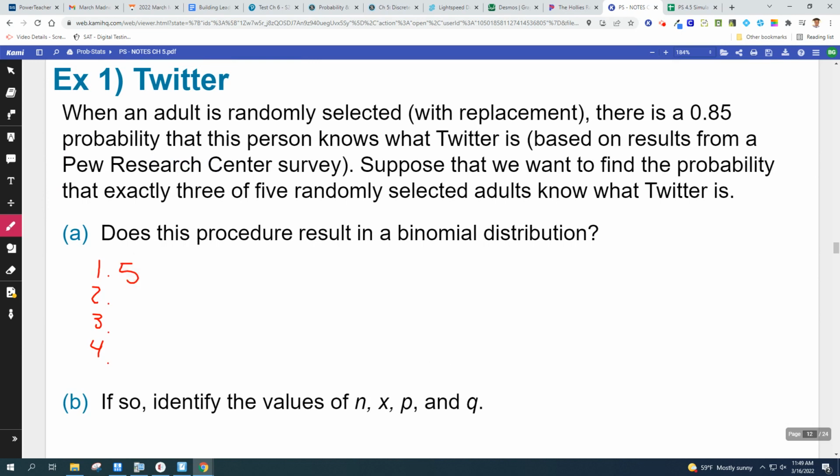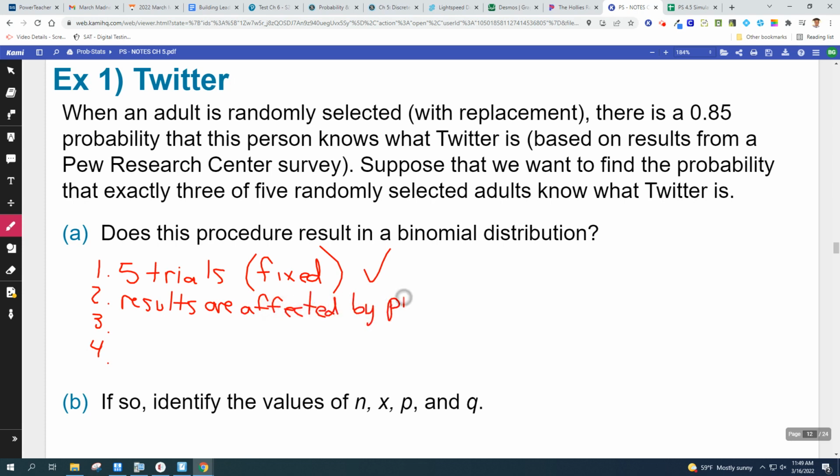So we've got 5 trials. We're selecting 5 adults. So that's fixed. So that's good. Number 2, results aren't affected by previous.